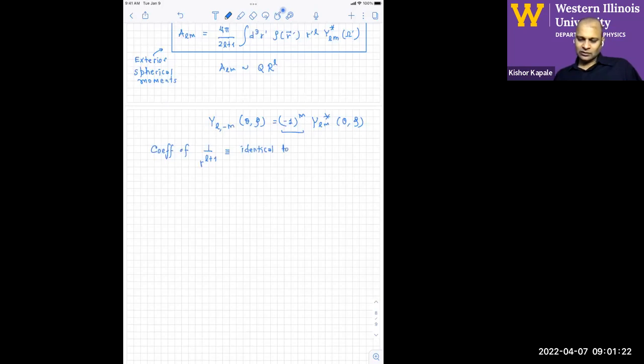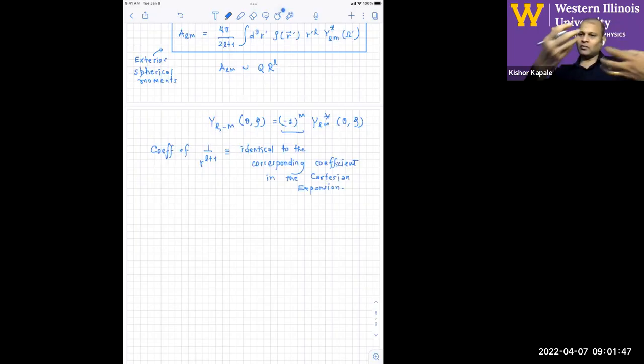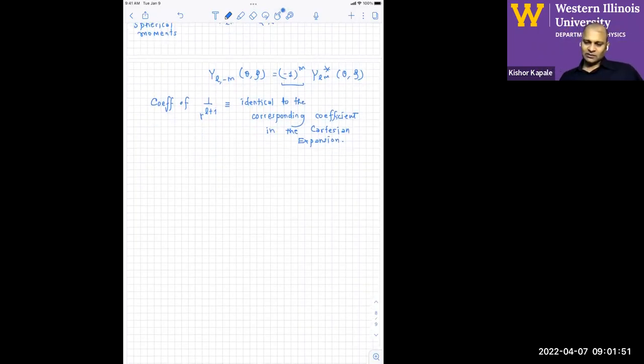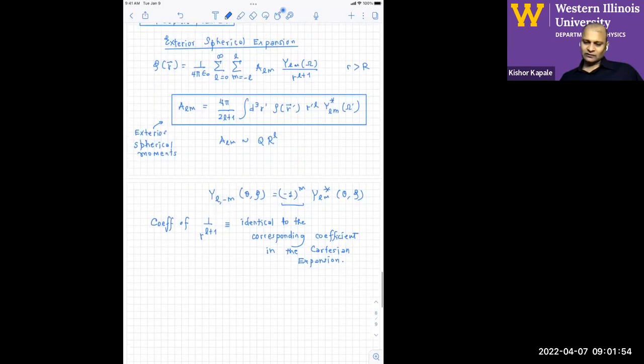Identical to the corresponding coefficient in the Cartesian expansion. So you could take the Cartesian moment and write it as a linear combination of several spherical moments, right? That is something that's easily possible. Okay, everybody with me so far?